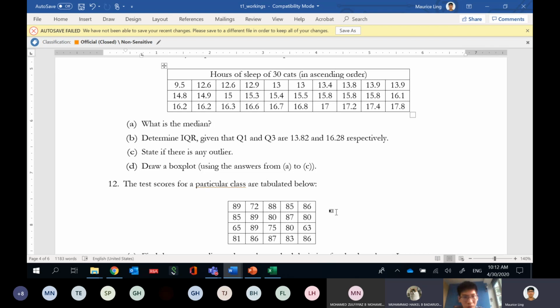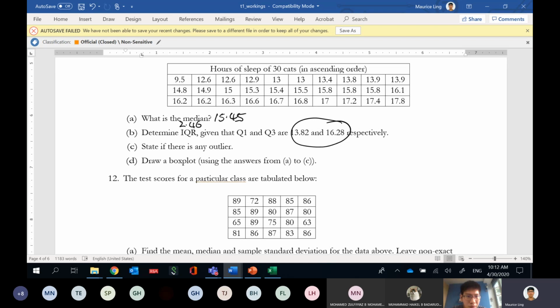Okay, median is correct, 15.45 because you have to take the 2 in the middle. How about the IQR? I got also 2.46. Yeah, 2.46, because IQR is just this one minus each one, right?